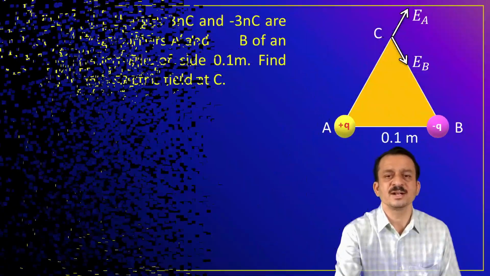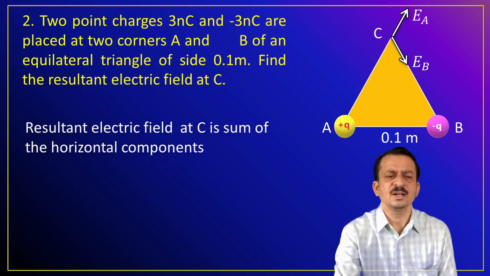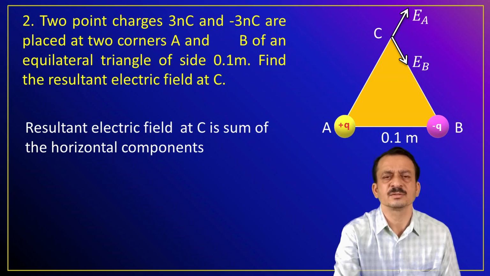Okay. Now we will work out the resultant field at the point C. It should be the vector sum, the sum of the horizontal components. Here we have EA in one direction. If I resolve it, E cos theta is the horizontal component and E sin theta is the vertical component.